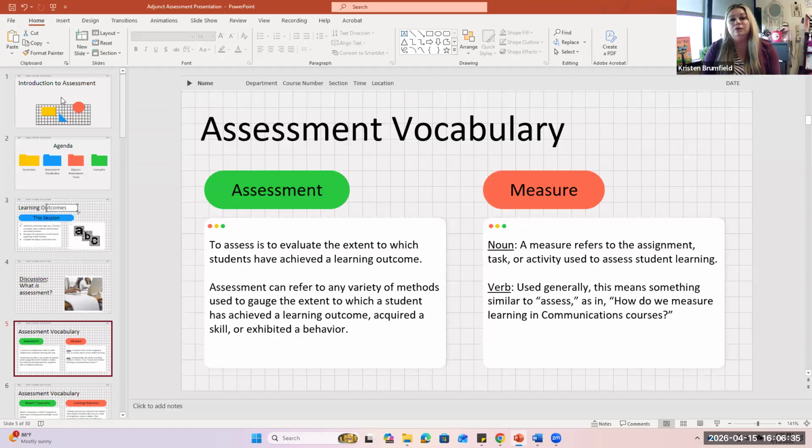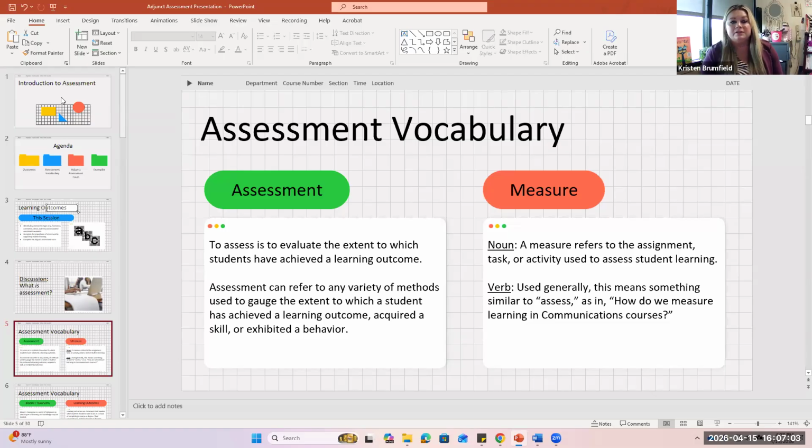And if they did not, what can we do? What does that assessment data show us to help us improve their learning? Assessment can refer to different varieties and methods that are used to gauge the extent that students have achieved a learning outcome. So we look at, have they acquired a certain skill? Have they exhibited a certain behavior? What are we getting from our data? What is it showing us?